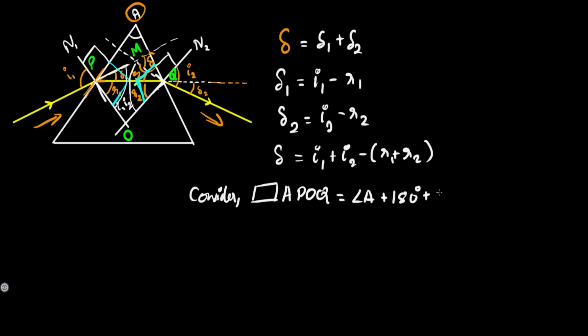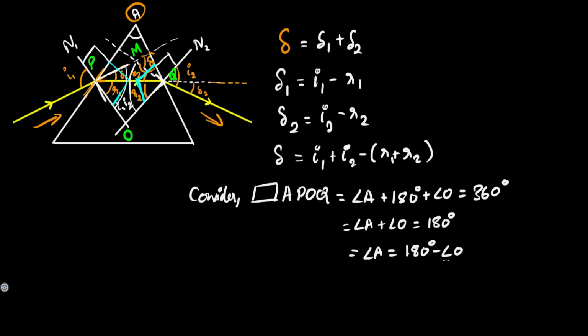And there's angle O, which gives me 360 degrees. Now I find out angle A plus angle O is equal to 180 degrees. Cool. And I find that angle A should be equal to 180 degrees minus angle O.